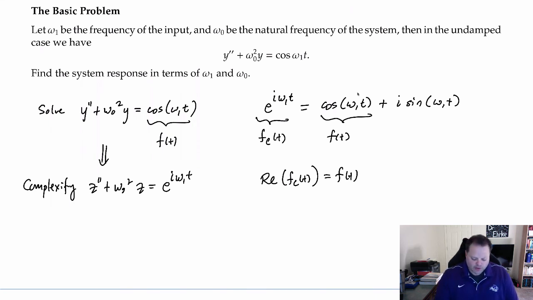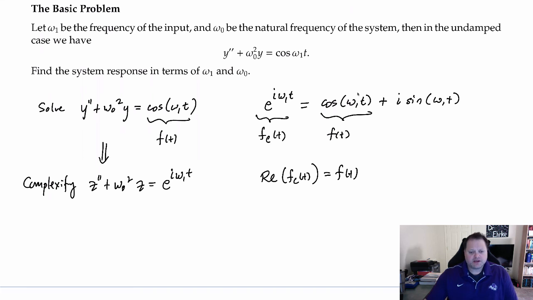The way that this works is, if you take a look at the roots here of this equation, the characteristic equation P of r is r squared plus omega naught squared. If we set that equal to 0, then we can see that the roots are plus and minus i omega naught.